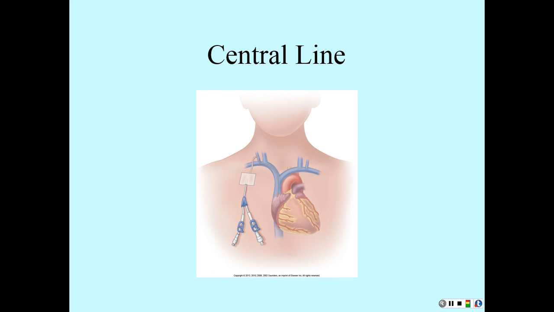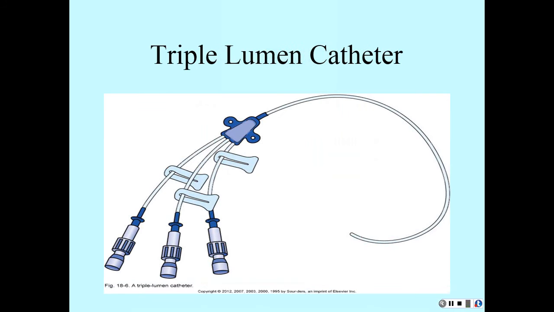Now, when we're looking at central lines, they have 2 or 3 lumens usually. This is a triple lumen catheter. And usually you'll have one 16-gauge lumen and 2 18-gauge lumens. You can use those for whatever you want to use them for.